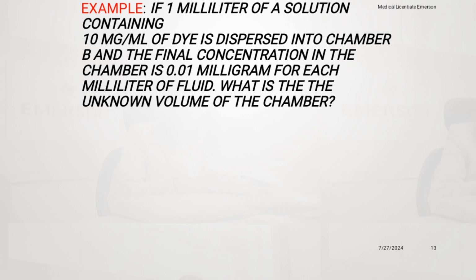If 1 milliliter of a solution containing 10 milligrams per ml of dye is dispensed into chamber B, and the final concentration in the chamber is 0.01 milligrams for each milliliter of fluid, what is the unknown volume of the chamber?